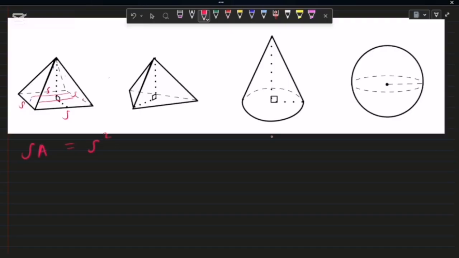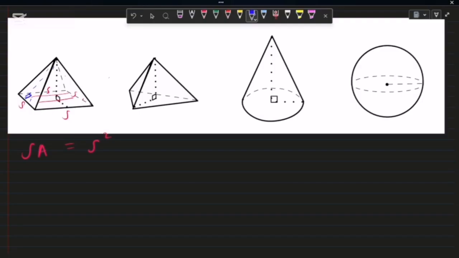Another thing that has to be established is the perpendicular heights of these triangular faces, because remember that in order to get the area of a triangle, we need the length of the base and the length of the perpendicular height, in other words, a height that is perpendicular to the base of the triangle.